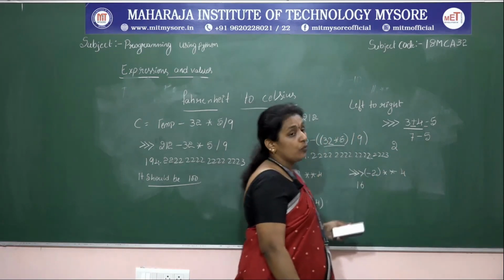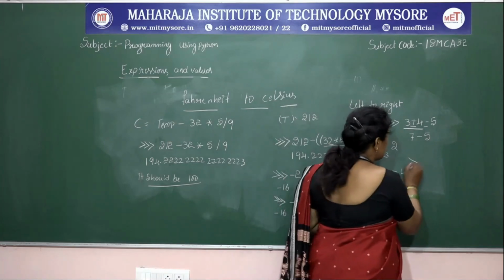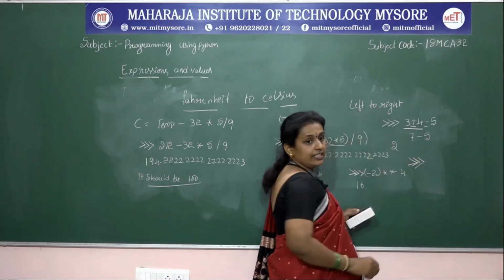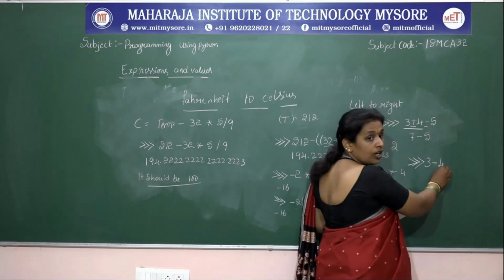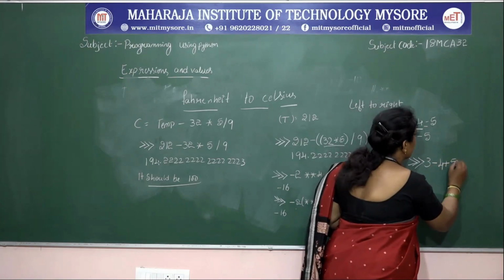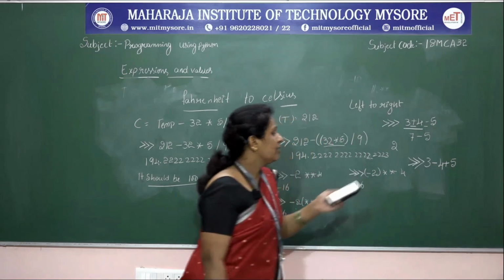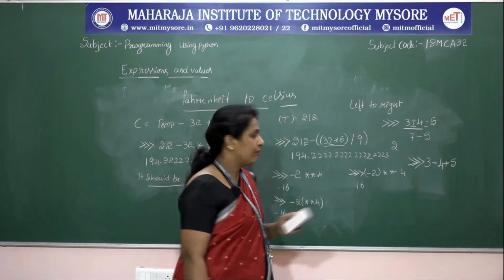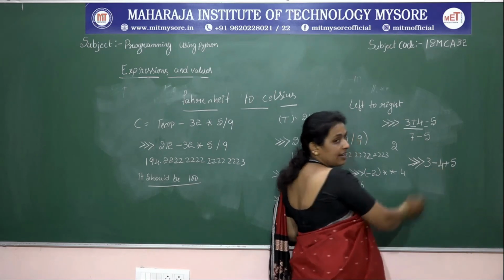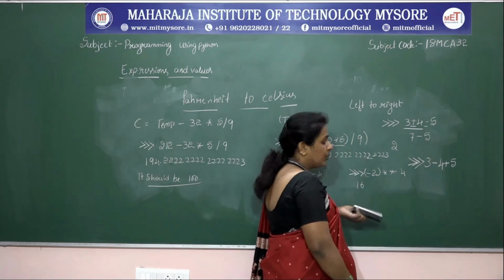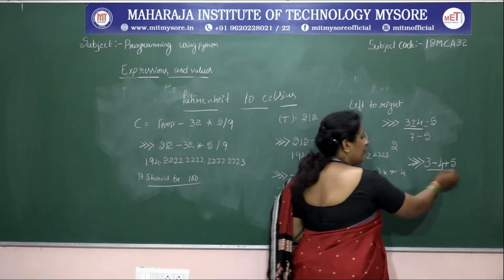I will give one more example, changing the signs: 3 minus 4 plus 5. Here plus, minus and plus have the same precedence, the lowest precedence, so they are in the same row.